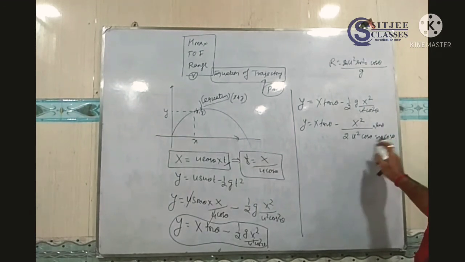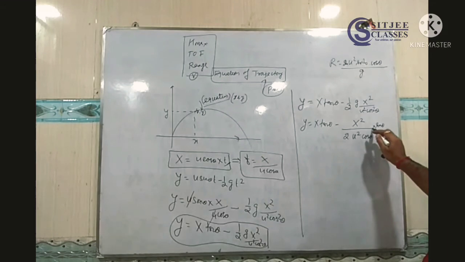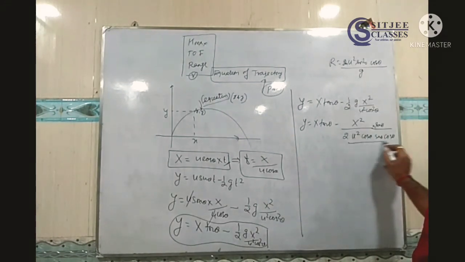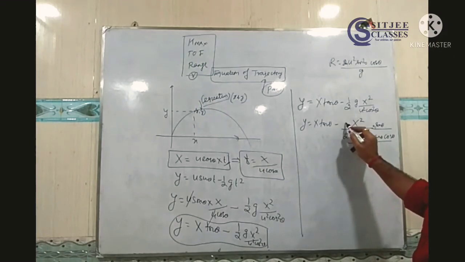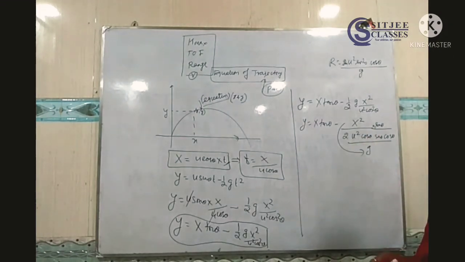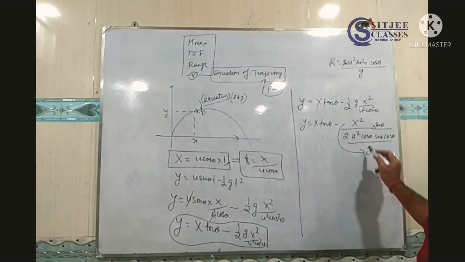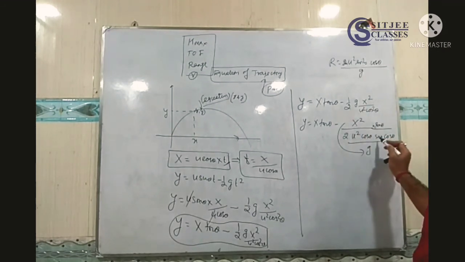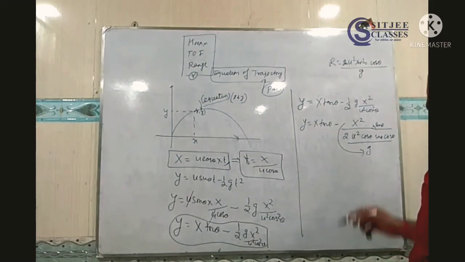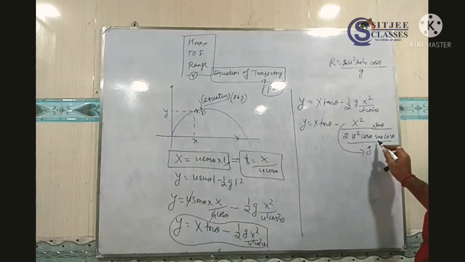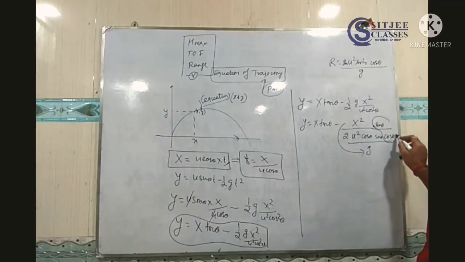Actually cos square is split into cos into cos, and sin theta I have multiplied and divided. Now one more thing is left here, that is g, which was up, so I brought it down here. Now if you compare, x square is there, g which was up I have taken down, 2 is 2, u square cos split, sin adjusted here. Now if you see this down part, 2 u square sin theta cos theta, sin theta cos theta here, 1 cos theta, take it together.